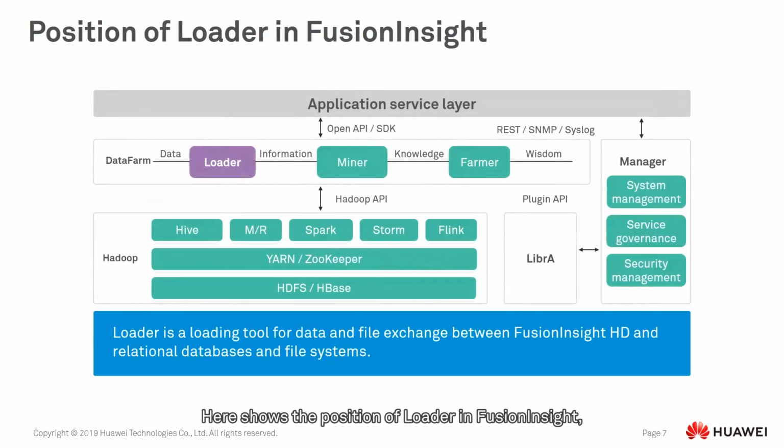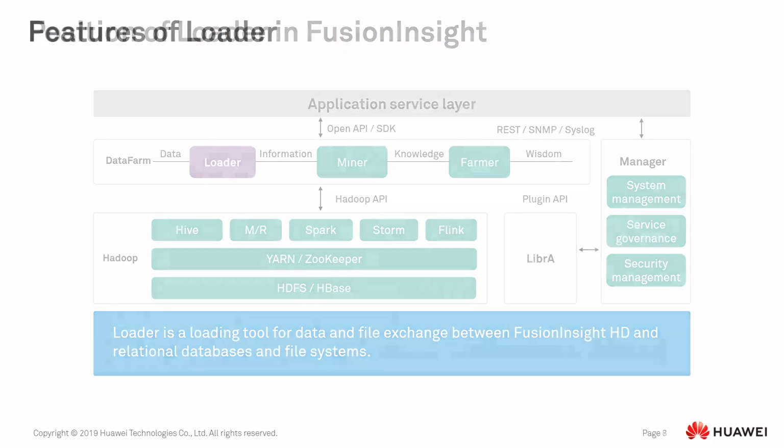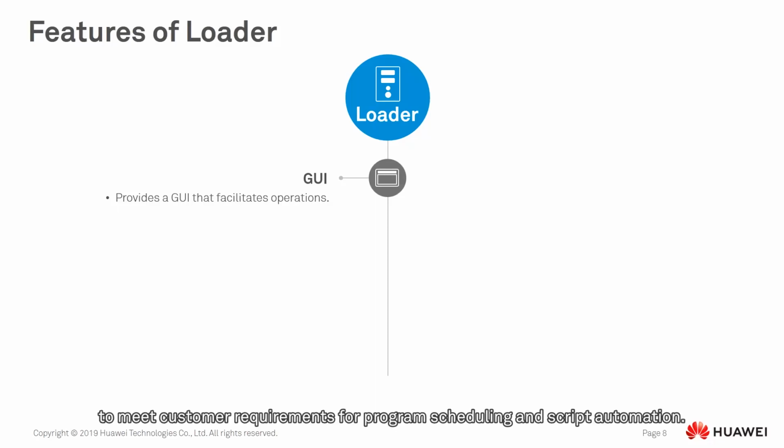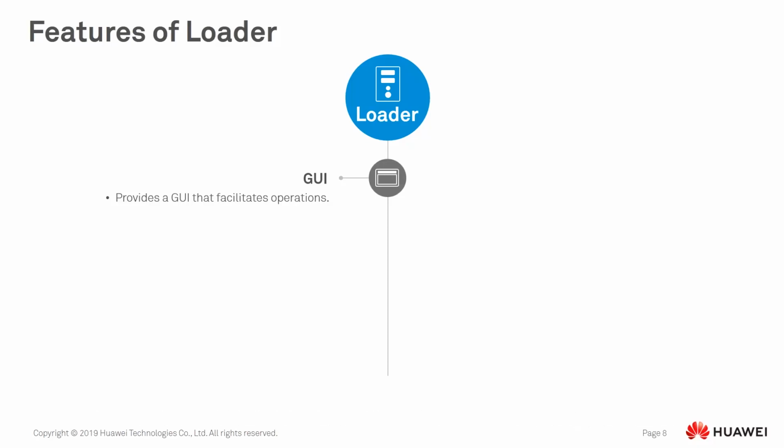Here shows the position of Loader in Fusion Insight, which is used to exchange data and files between Fusion Insight Hadoop, relational databases, and file systems. Loader manages jobs on the web UI and also provides command line interfaces to meet customer requirements for program scheduling and script automation.